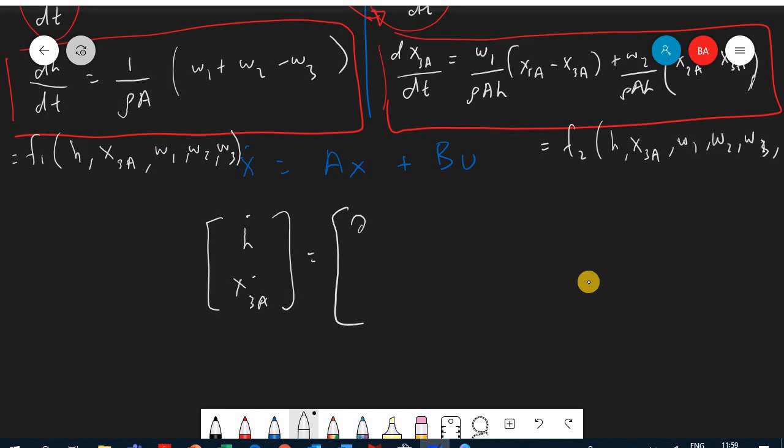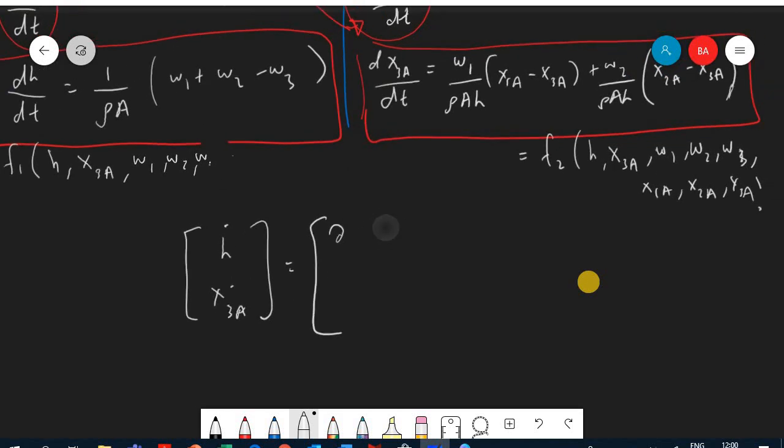I forgot some inputs: x1a and x2a. So I need to add those inputs, so I will have x1a and x2a, that's all. Why not x3a? x3a is one of my state variables, right?